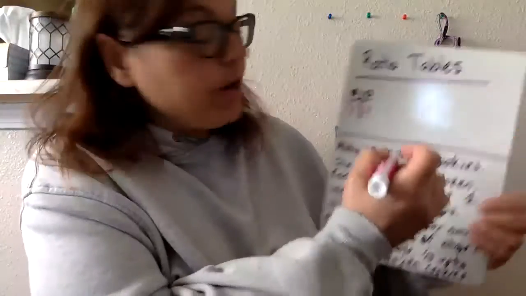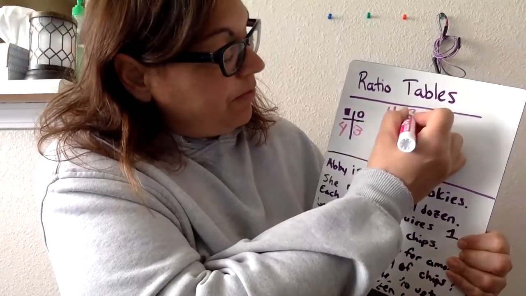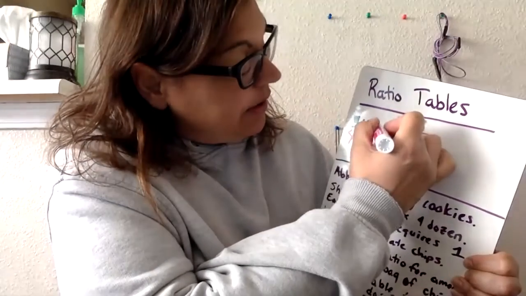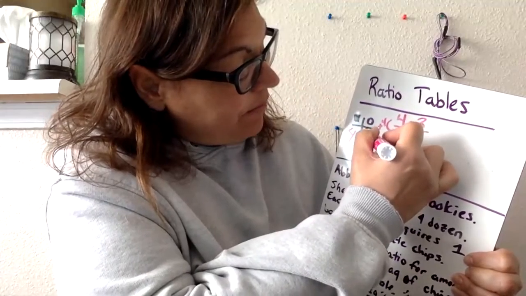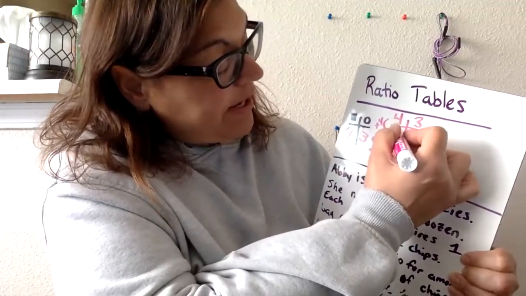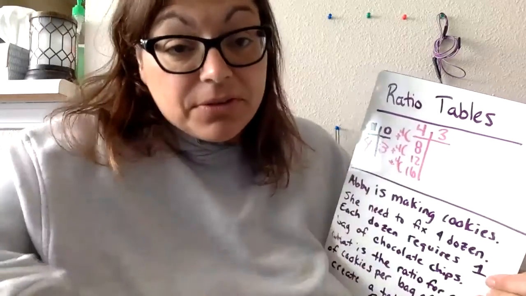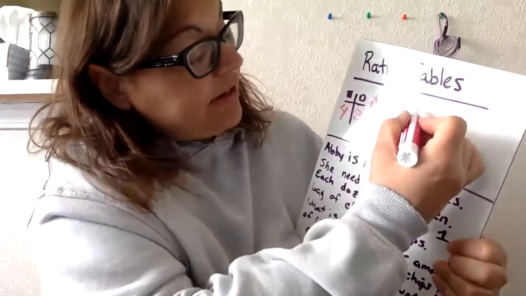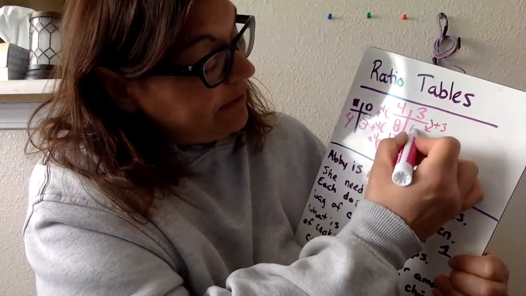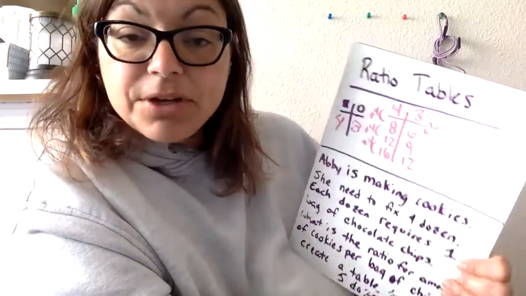To do the ratio table, we make the chart and we start off as 4 to 3, and then we would just add 4 every time: 8, 12, 16. I remember some of you were really good at this. And then on this side, we would add 3 to each one. So that would be 6, add 3, 9, add 3, 12. And that would be our ratio table.